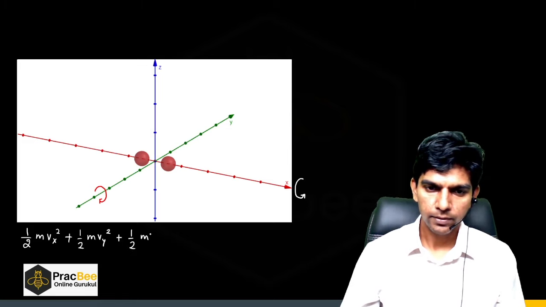So how many degrees of freedom does a diatomic molecule have? You can say 3 plus 2, which will be 5. Here I'm talking about a rigid diatomic molecule, right? Rigid means the distance between the centers of the 2 atoms is not changing with time. So this is for a rigid diatomic molecule, right? Now what happens in case of a non-rigid diatomic molecule?